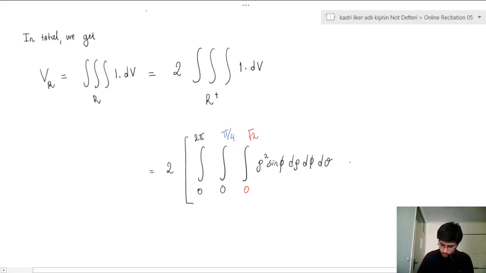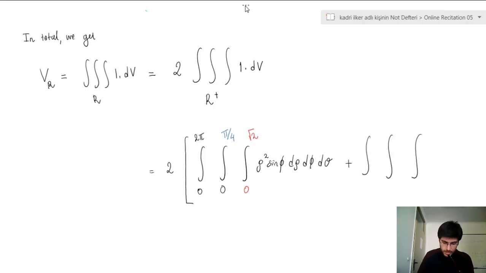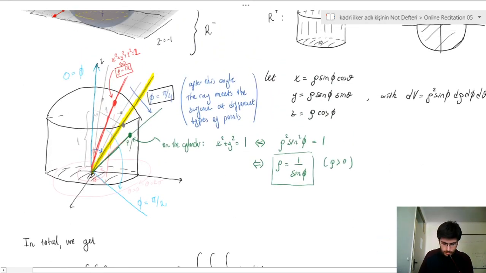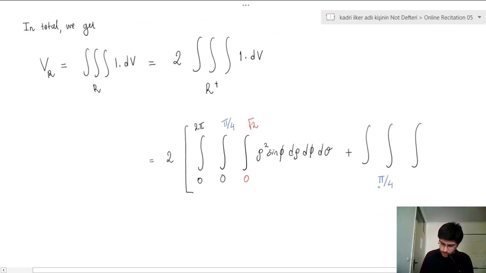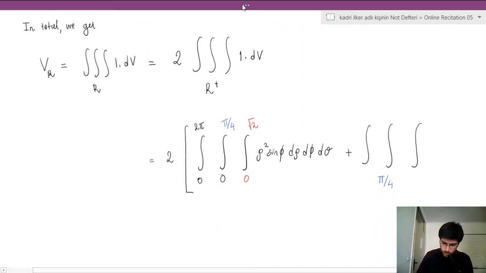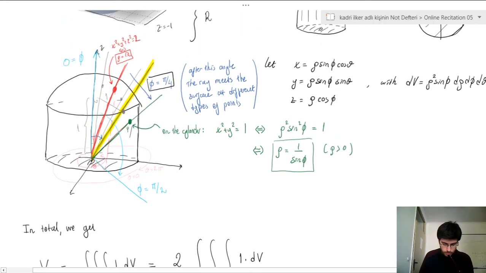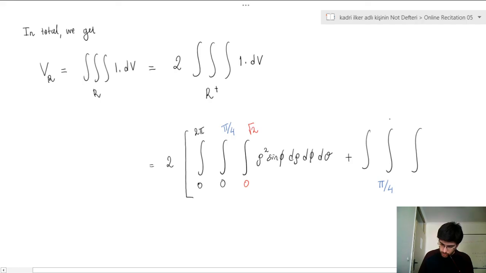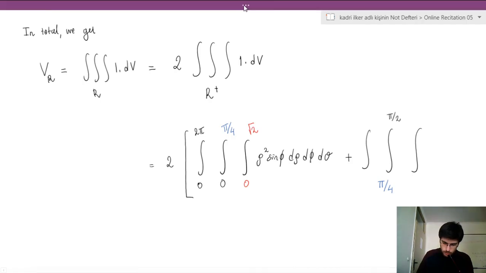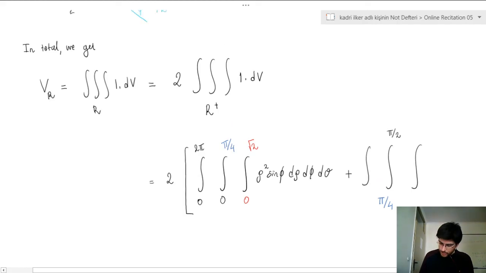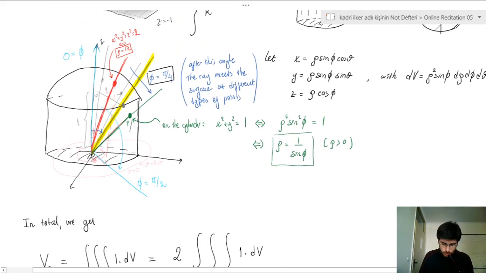And plus, this is not the whole story, right? After we pass this critical angle, I mean, this is not a terminology, this is just an important angle. I try to highlight the importance of this angle. So after this critical angle, pi over 4, until we reach the maximum value phi can take, pi over 2, we have another type of light beams, the green one.